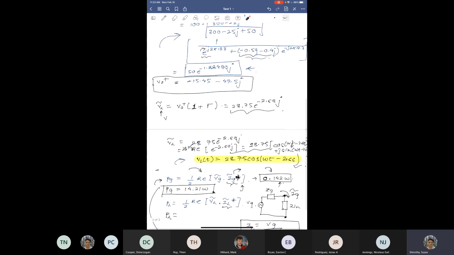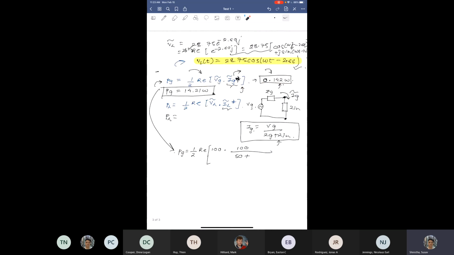So this is our equivalent circuit. If you just apply your circuit theory knowledge, V equals IR, then your current would be V divided by R. So your current is the generator voltage divided by the total impedance.